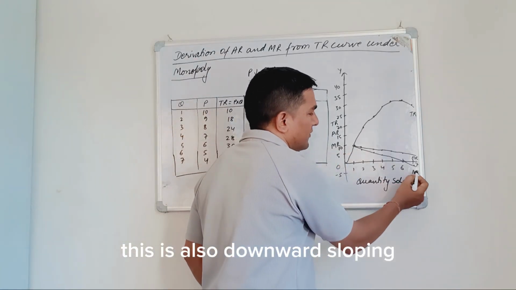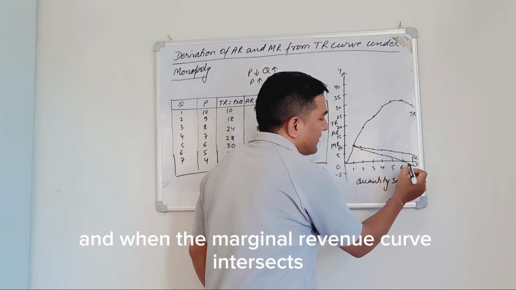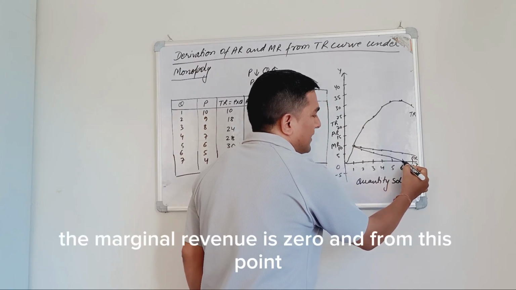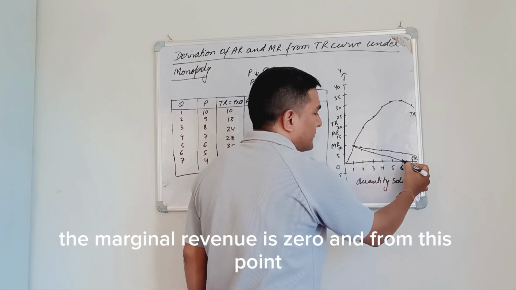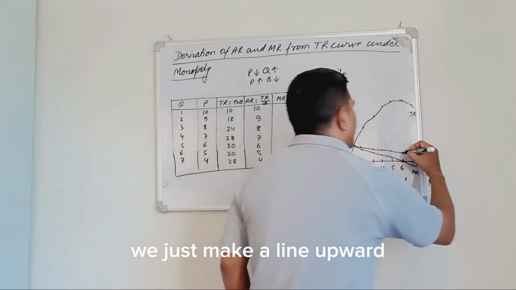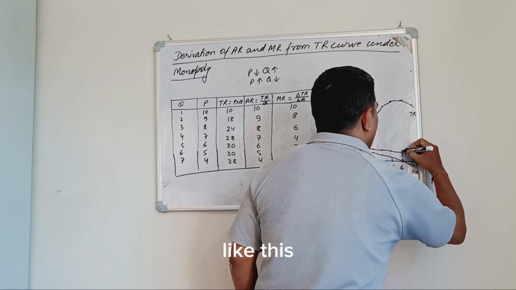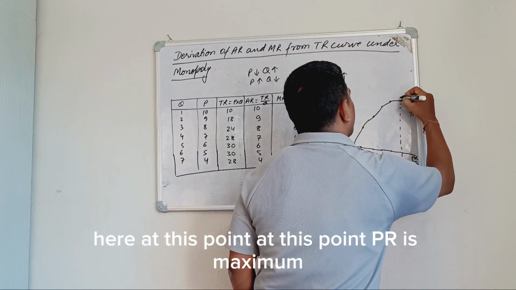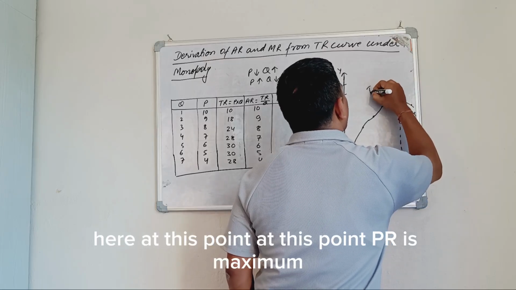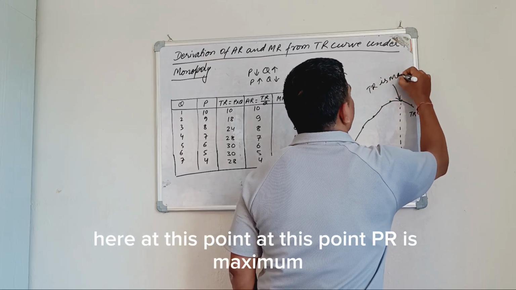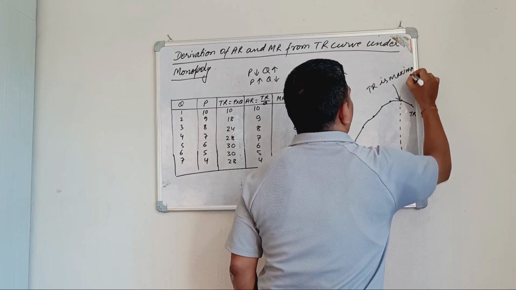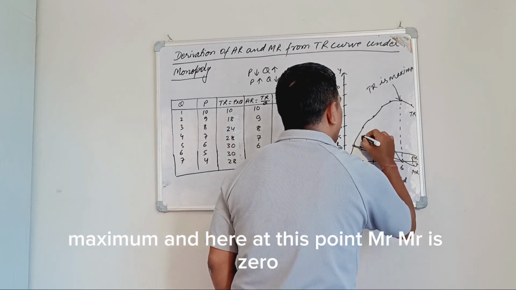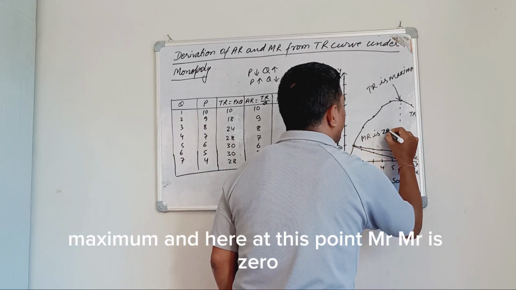Now this is also downward sloping, and the marginal revenue curve intersects the x-axis at this point, at the 6th unit of the output sold, where the marginal revenue is 0, and from this point we just make a line upward like this. Here at this point TR is maximum, and here at this point MR is 0.